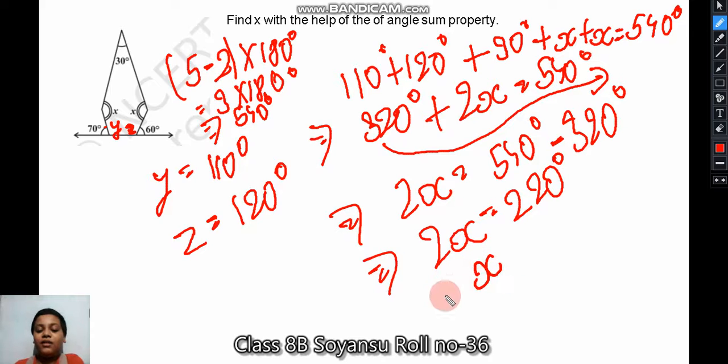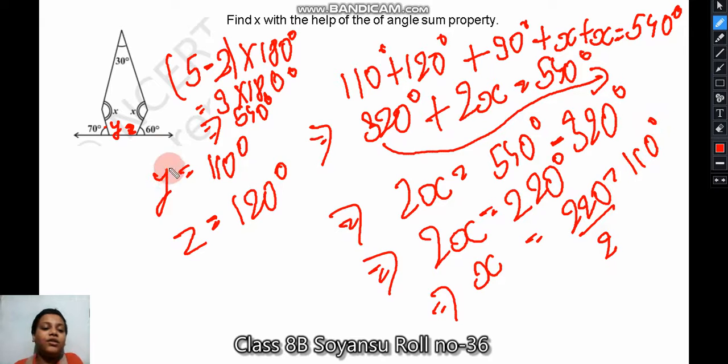So x is equal to 220 divided by 2, that is 110 degrees. So this angle is 110 degrees and this angle is also 110 degrees. Voila, this question is also solved.